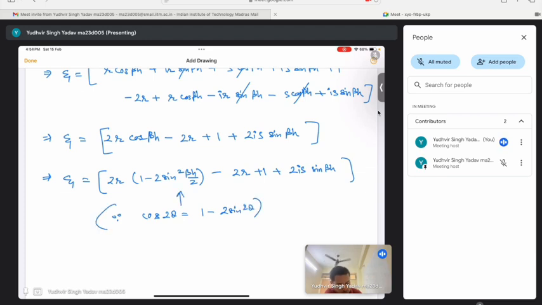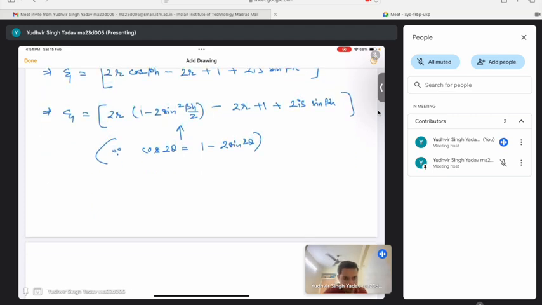So using this formula, we arrive at this term converted into the sine function.